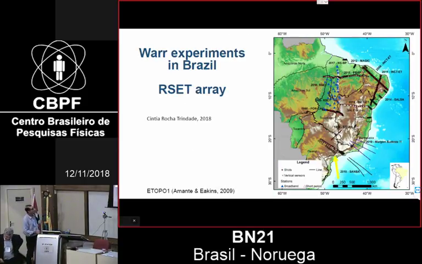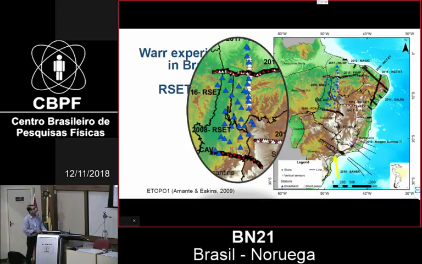Nice. Thank you. Okay, and now I will show some results from the seismology applied to this array. I will show some results for this station and one profile crossing the Tocantins-Araguaia suture, the contact from the Amazon Craton to the blocks east of it.